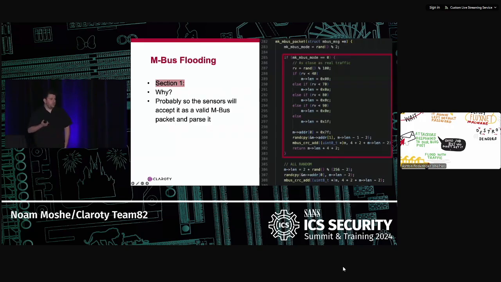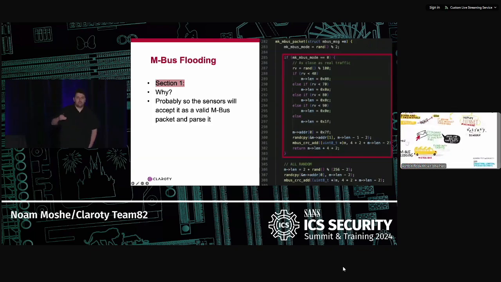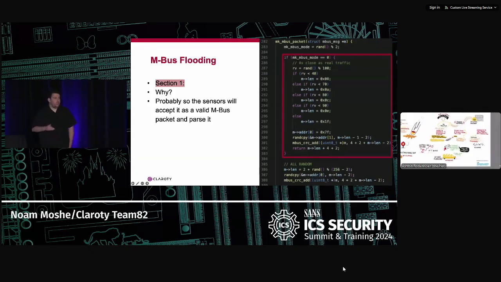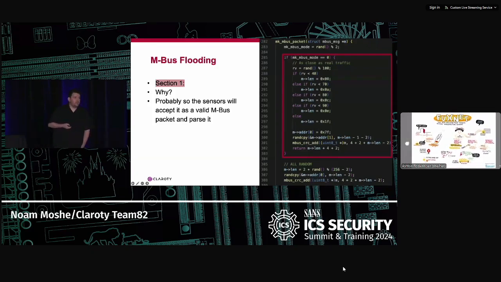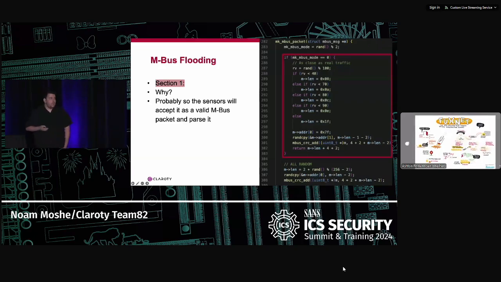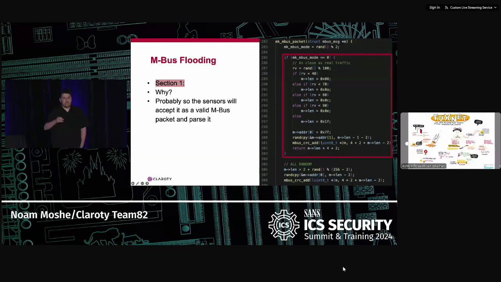Why? Well, that's pretty simple, actually. They wanted to make sure that each physical sensor will parse and try and analyze and understand the random packet they are sending, and wanted to minimize the chances that a device would simply say, oh, that's an invalid packet, let's drop it.